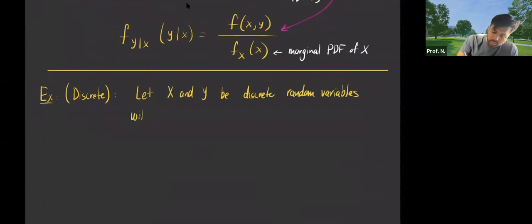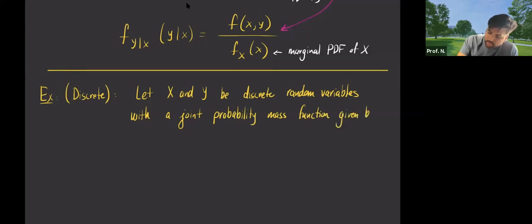with a joint probability mass function given by: P of 0, 0 is 0.4. P of 0, 1 is 0.2.